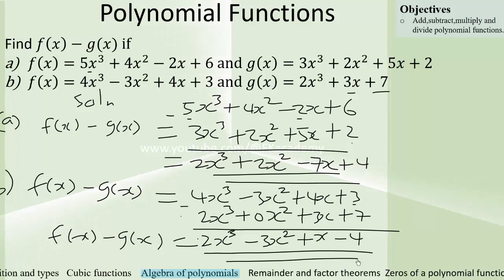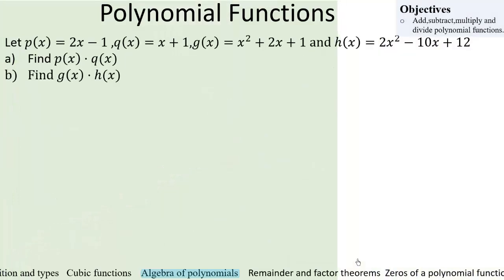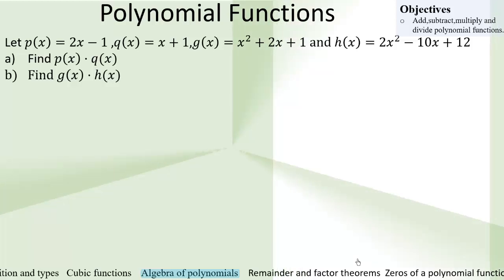Now let's look at multiplication of polynomials. So we have p of x equal 2x minus 1, q of x equal x plus 1, g of x equal x squared plus 2x plus 1, and h of x equal 2x squared minus 10x plus 12. Now we are going to find p of x times q of x.